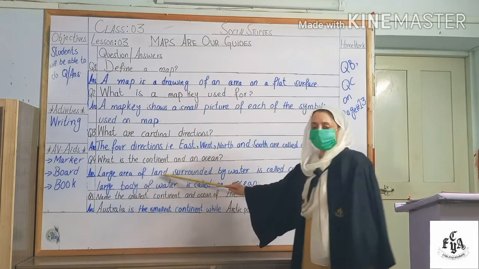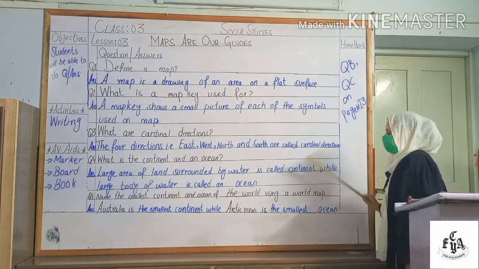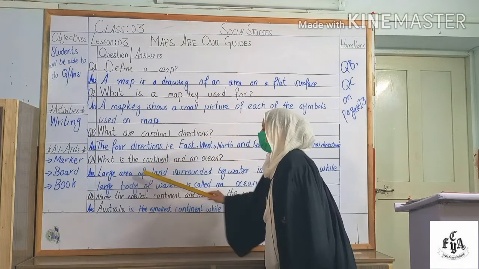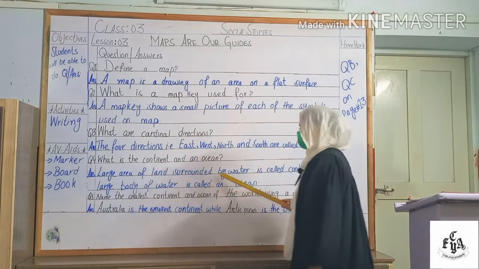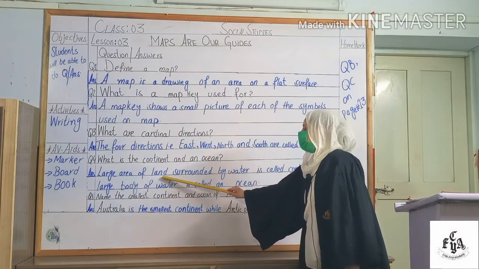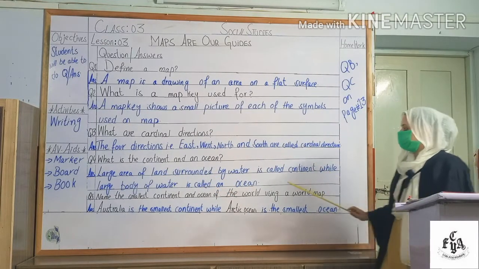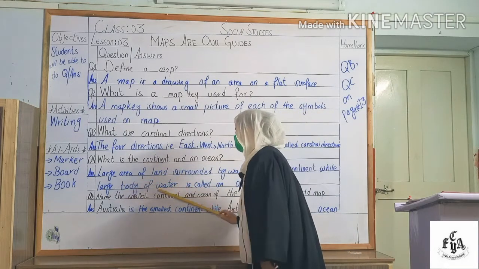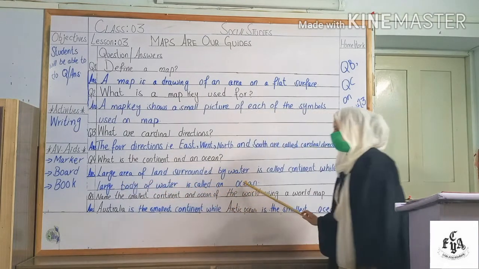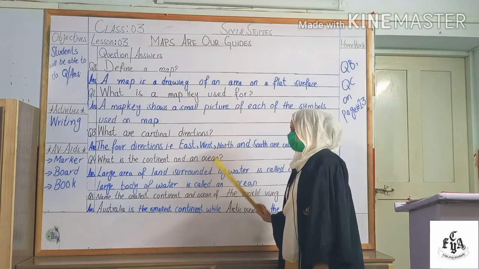A large area of land surrounded by water is called a continent, while a large body of water is called an ocean.